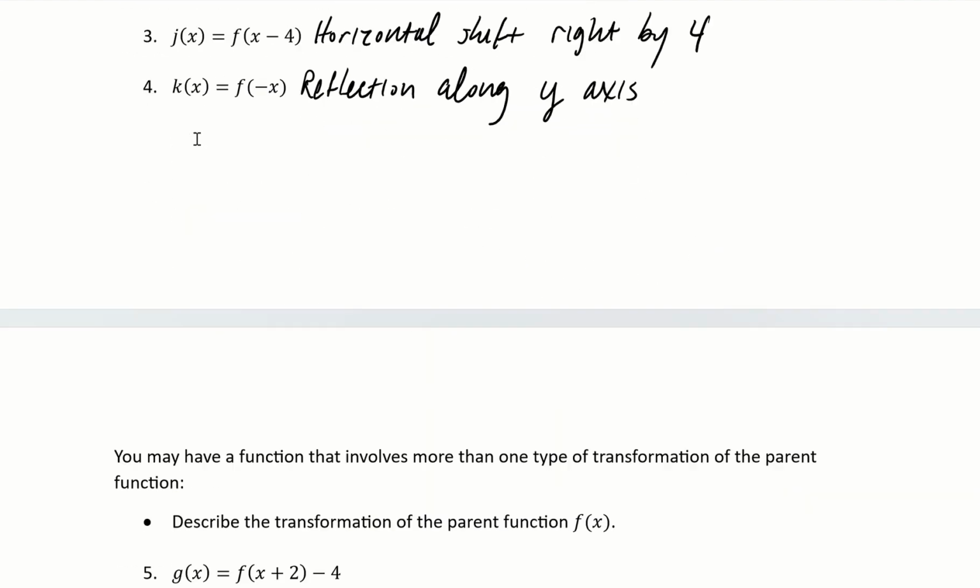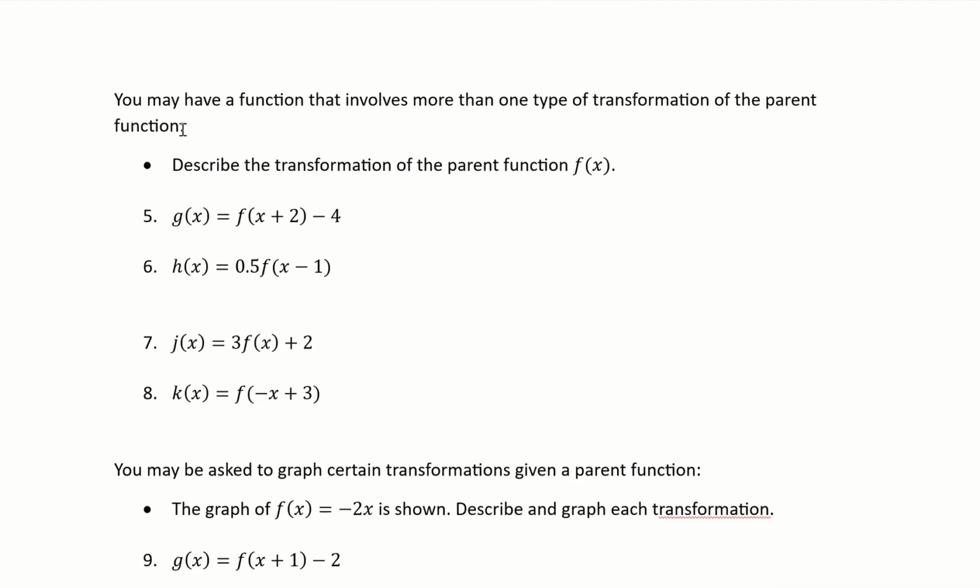Great. You may have a function that involves one more type of transformation of the parent function, and you may be asked to describe that transformation. So if we look at this, we have f of the quantity x plus 2 minus 4. So what this is telling me, just like last time, is we're moving down by 4, so it's a vertical translation.